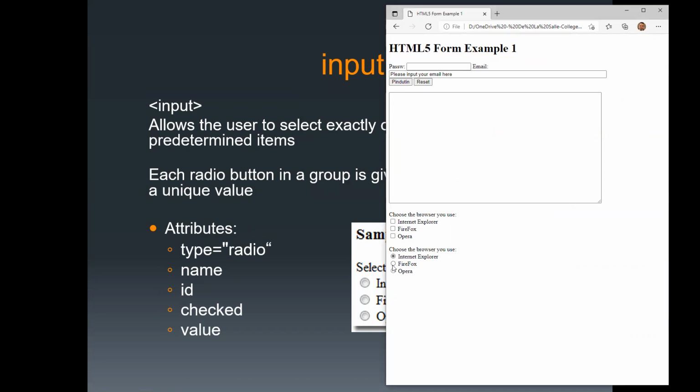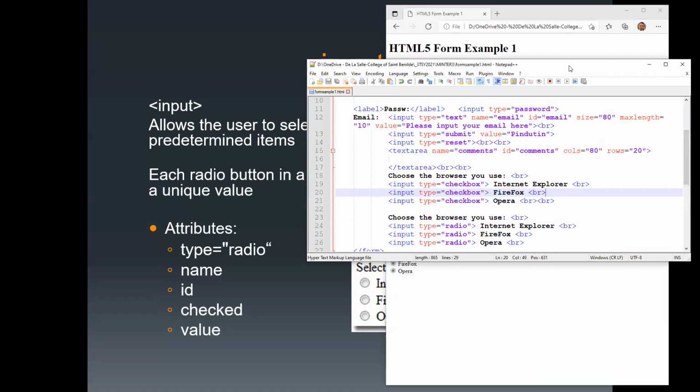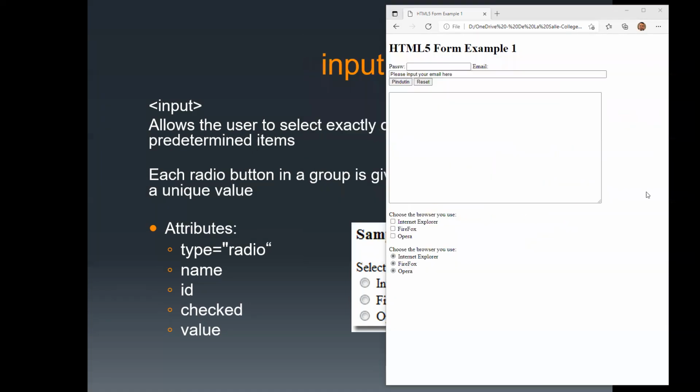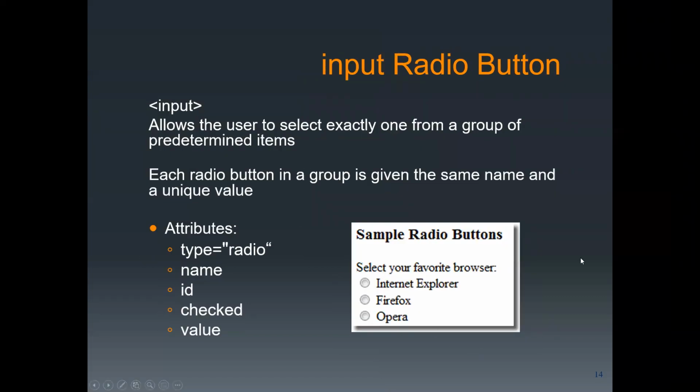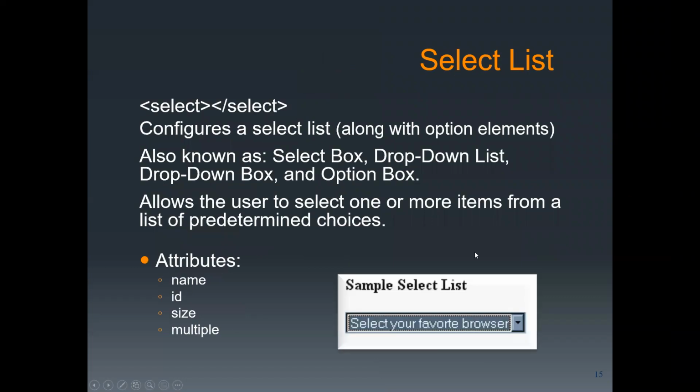Ayan, meron ka na. Tapos, pagka kinlik mo to reset, nawawala siya lahat. Basta nasa loob tong reset sa isang form, you can reset it. Okay? Then, yung ibang mga style mamaya, you will see it.